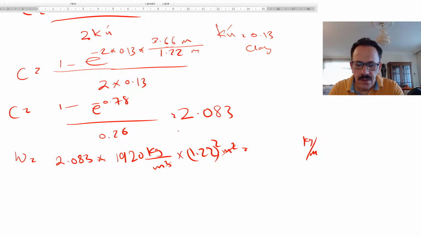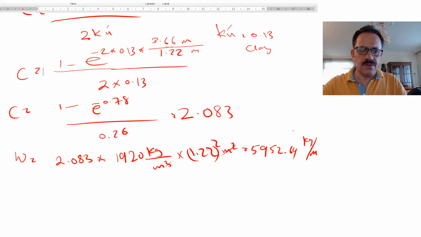So 1.22 square times 1920 times 2.083. So the load will be 5952.64.